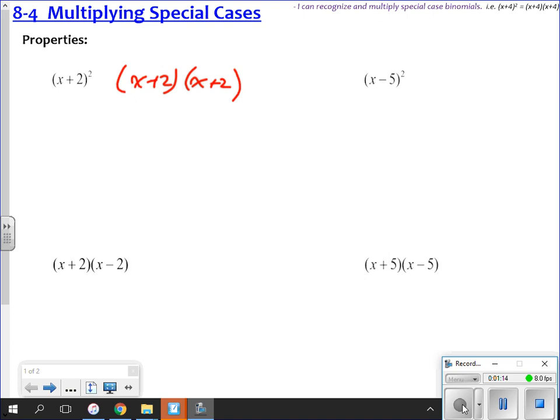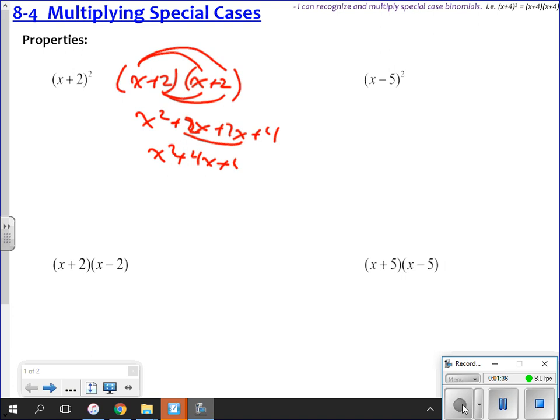You can FOIL it out: x times x, x times 2, 2 times x, and 2 times 2. Then your like terms are in the middle, and you get x squared plus 4x plus 4. That will work, not a problem.